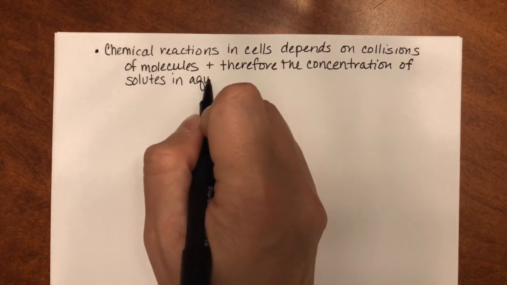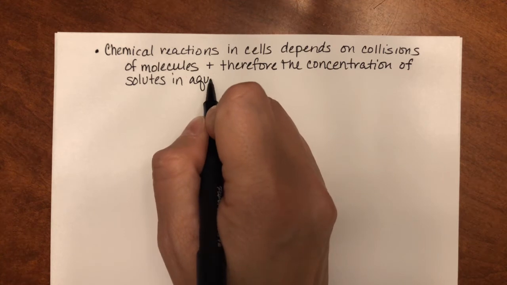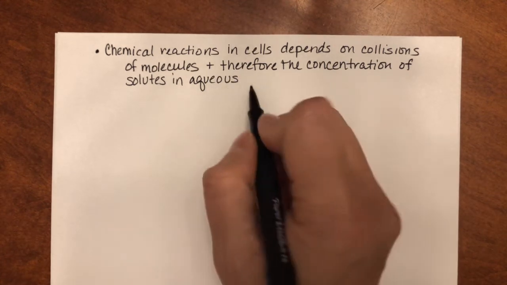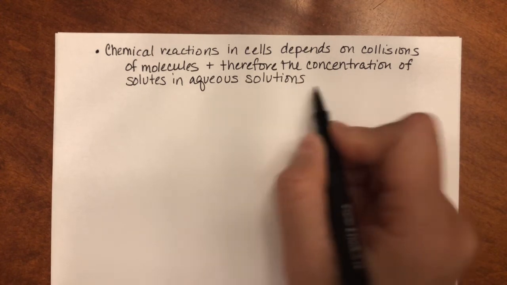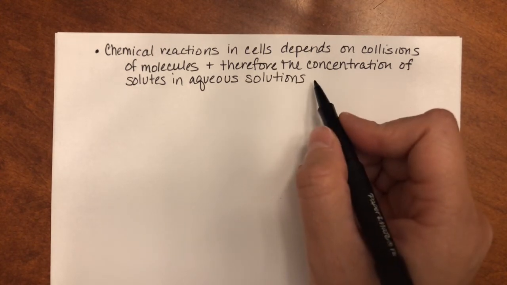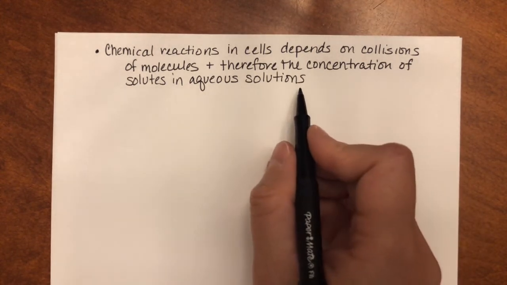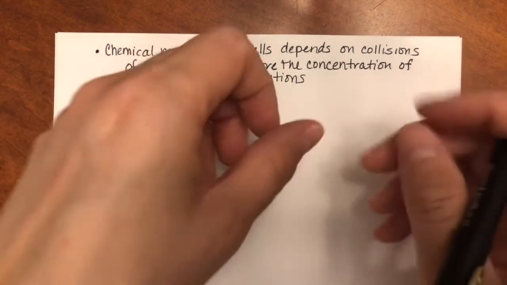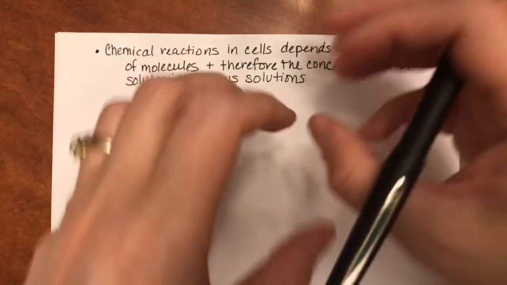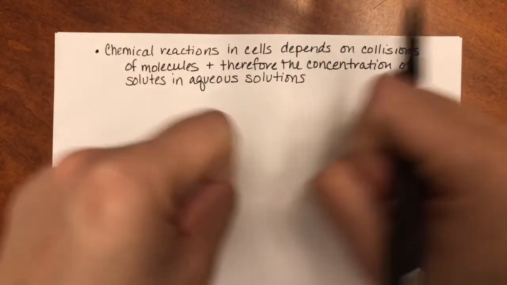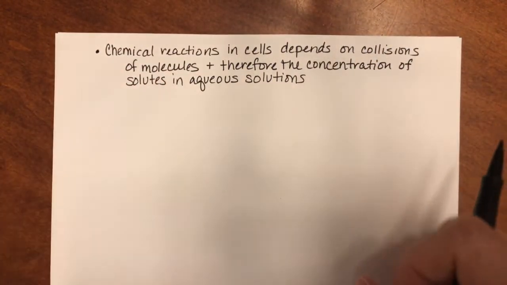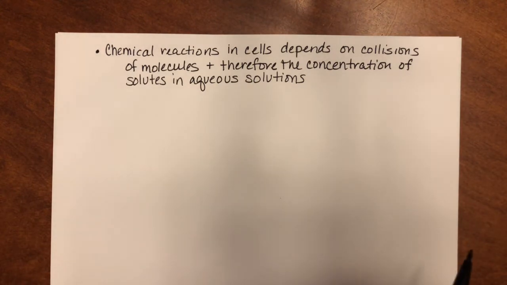Since we're talking about water, aqueous solutions are water-based solutions. If you don't know what aqueous means, that's what you would put there. The higher the concentration, the more molecules you have in a given area, and therefore the more collisions, and therefore the more chemical reactions you would have.